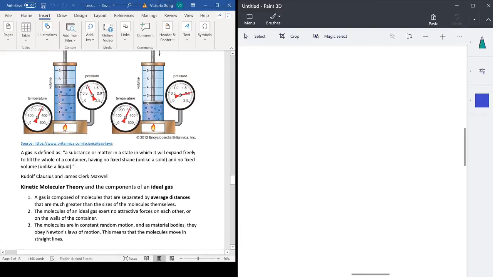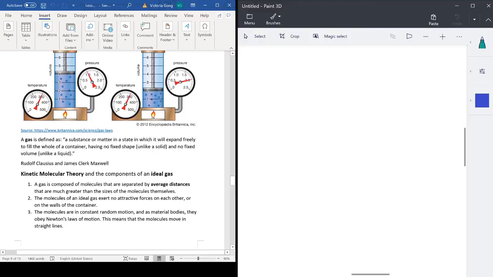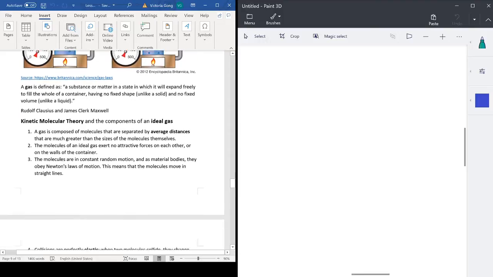So these two people, Rudolf Clausius and James Clerk Maxwell, came up with a theory to describe gases and their behavior, called kinetic molecular theory.